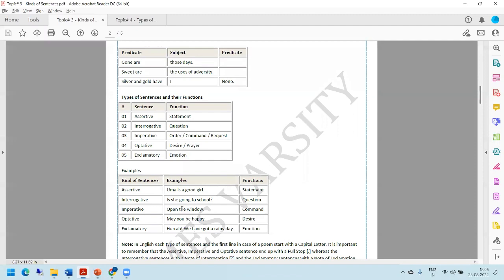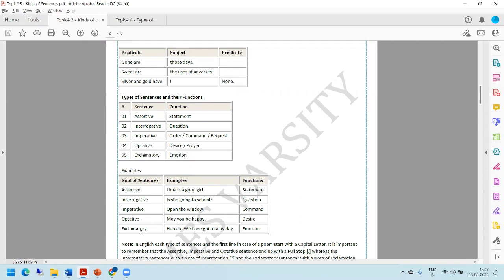So this is a sentence, but it is an imperative sentence. Then an optative sentence means where we express desire, or we pray, we give some wishes to someone, like, may you be happy, may God bless you. So this is a sentence, but it is called an optative sentence, like, may God bless you.